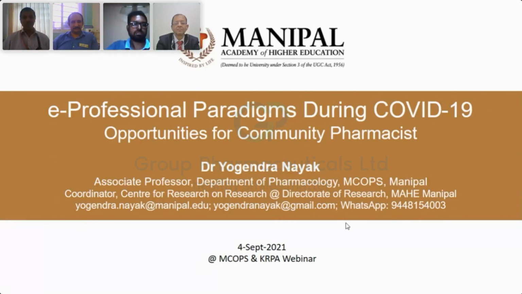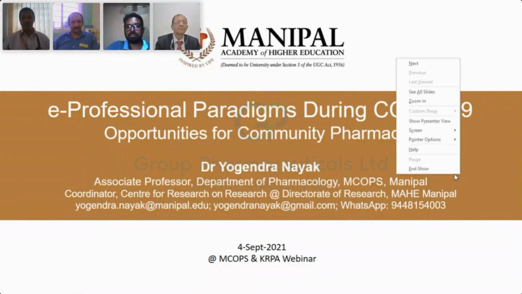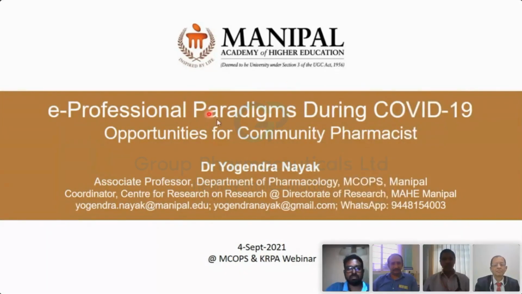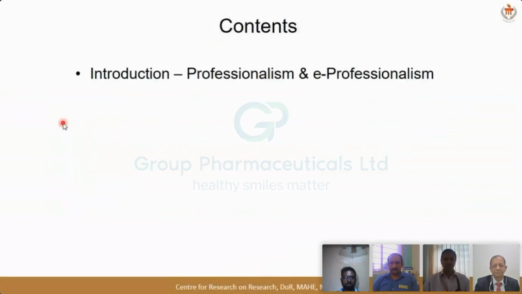But in reality, there are two things here. One part is COVID paradigm changes in the COVID-19 era, and along with that, e-professionalism. So what is e-professionalism? E-professionalism is something different from professionalism. So let me begin my talk with some introduction to professionalism and then e-professionalism.